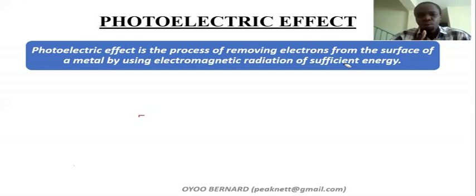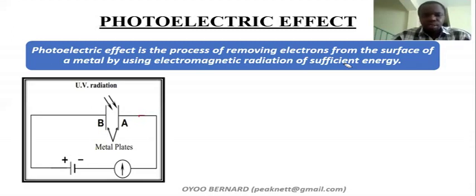I want you to pay a lot of attention to the details in this definition. So we are talking about electromagnetic radiation, and on top of that, there is sufficient energy. It's not all the energy that you direct to the surface of a metal can dislodge electrons. So that's why we are talking of radiation of sufficient energy.